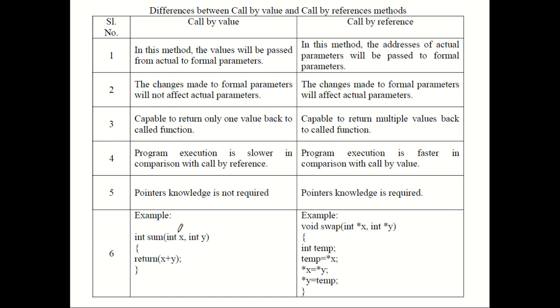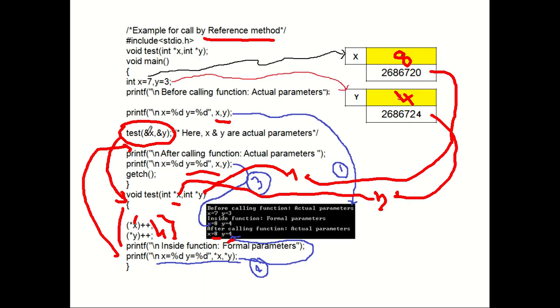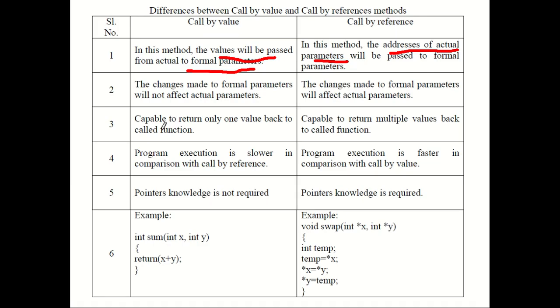Let us see the difference between call by value and call by reference. In call by value, the values are passed from the actual to the formal parameters. In this case, instead of passing the values, we pass the address of the actual parameters. That's why we have written ampersand x and ampersand y here. Ampersand x means address of x, and ampersand y means address of y.